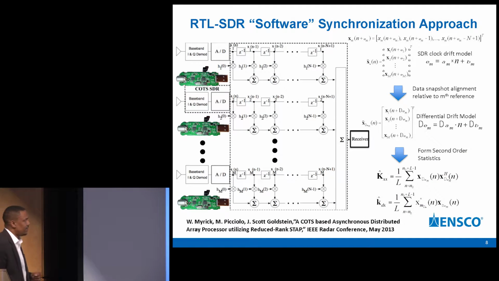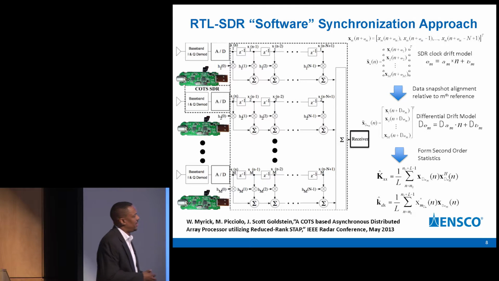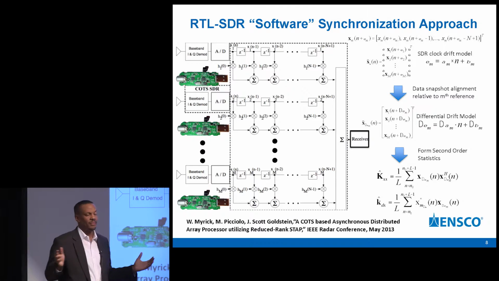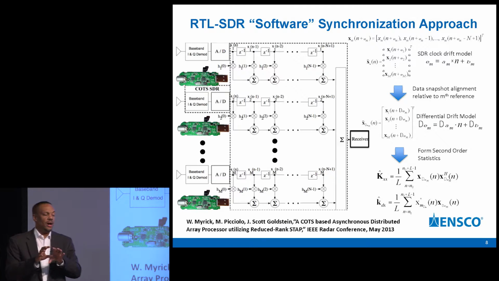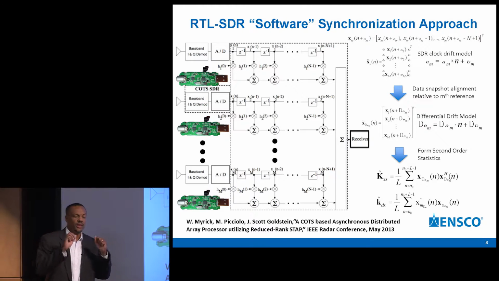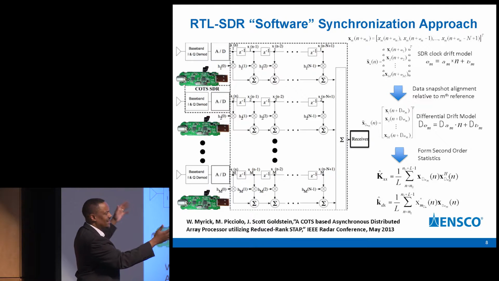So this is what I used to do. I normally do space-time, I normally do STAP. STAP is what I'm big on in terms of interference suppression, tracking jammers, and things like that. So I wanted to map STAP to this problem that I have in terms of things being not quite synced up.